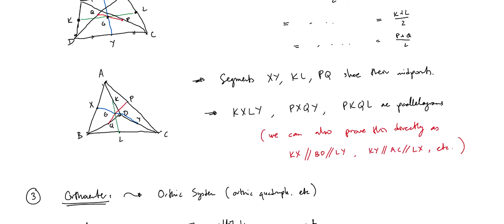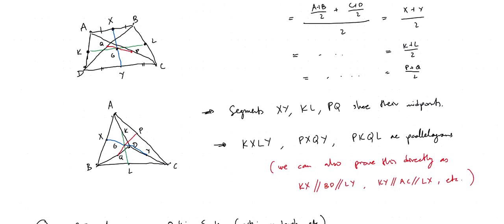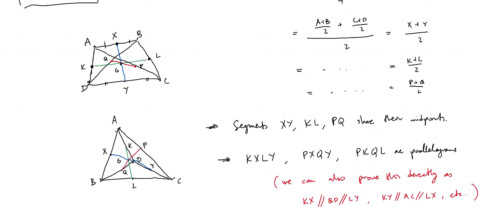In a rectangle, the diagonals are what? In a square, they're perpendicular. Yeah, but in a rectangle, they're equal. Yeah, they are equal length. So this is very good information. In the case of orthic system, XY, KL, PQ are of equal length. They not only share their midpoints, but they are of equal length.